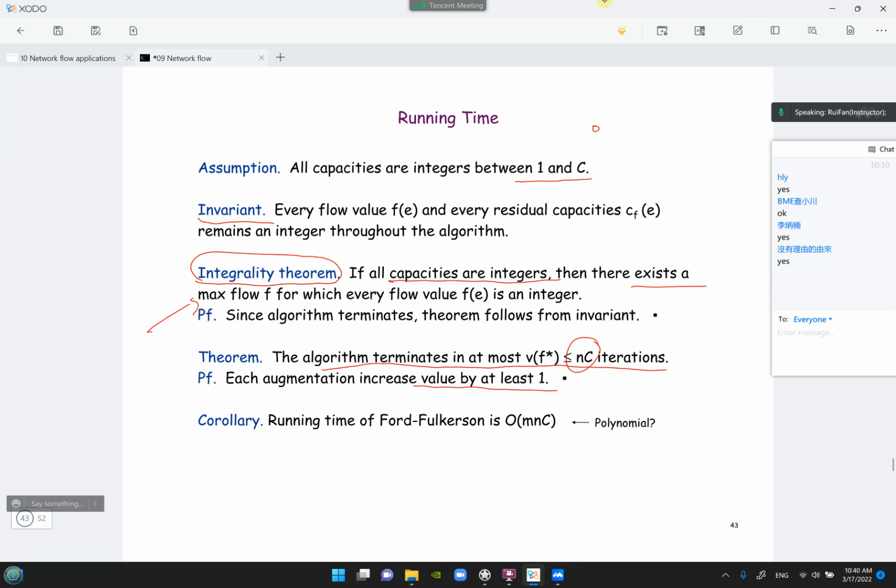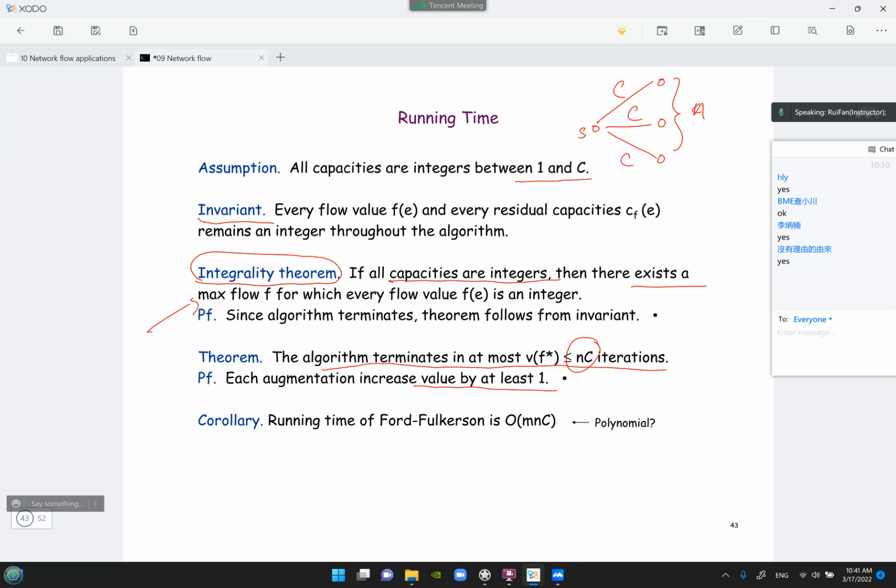Because you have the source node s over here, and then each of these capacities is at most c. You have at most n nodes over here, so your max flow can be at most n times c. And because every iteration you increase your flow by 1, after nc iterations the algorithm has to terminate.